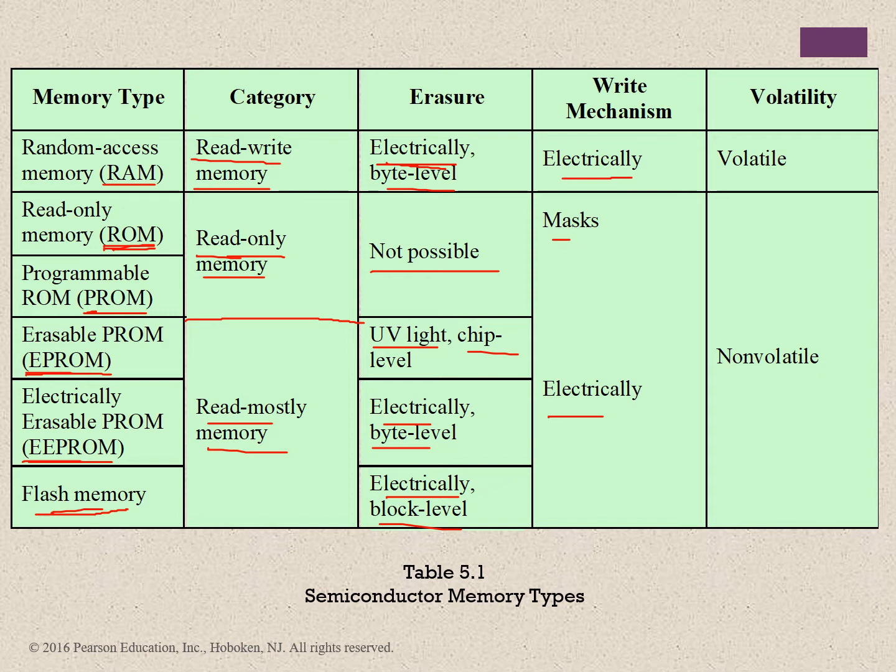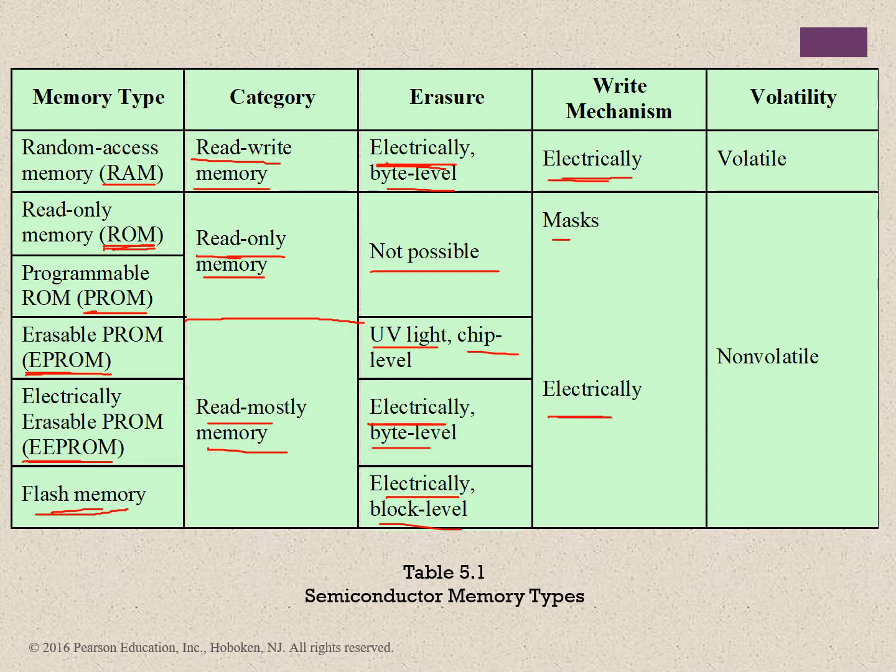You see that these last two categories, flash memory and EEPROM, are very close to the random access memory. Even for the erasure, it is electrical, and even for the write mechanism, it is electrical.